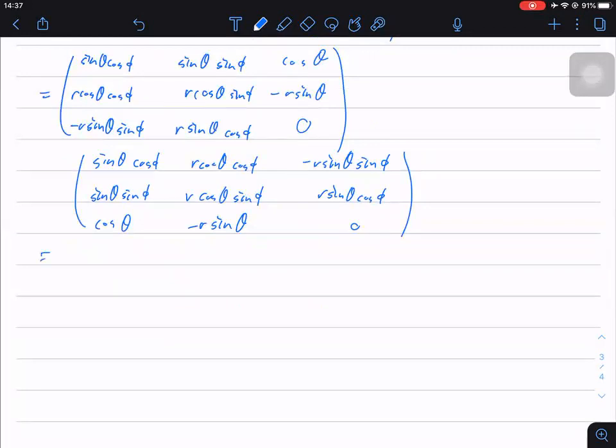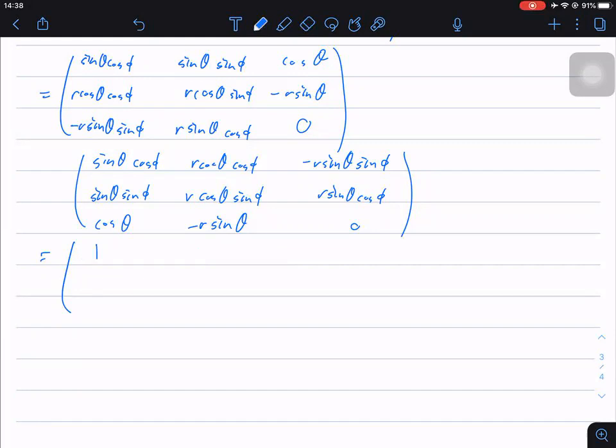Okay, next I have to do this matrix multiplication. First one, second one, third term. Well, for this time, it's just one. Let me skip the step here.